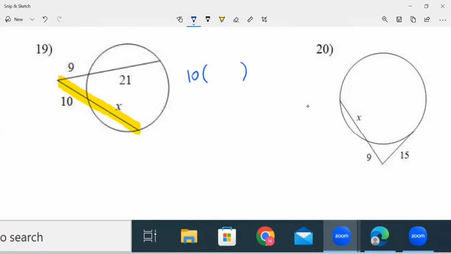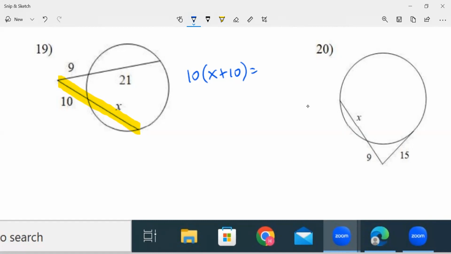And I'm going to multiply this, right? My parentheses here almost look like a circle. So notice 10 is outside of my parentheses. 10 is outside of the circle. Now inside my parentheses, I'm going to write down how big is the entire segment, the whole thing combined. It is x plus 10, right? Because part of it is x, part of it is 10. So combined, the whole thing is x plus 10.